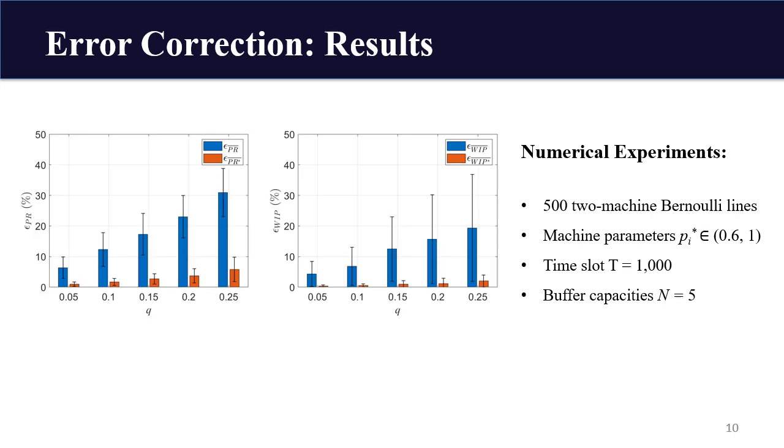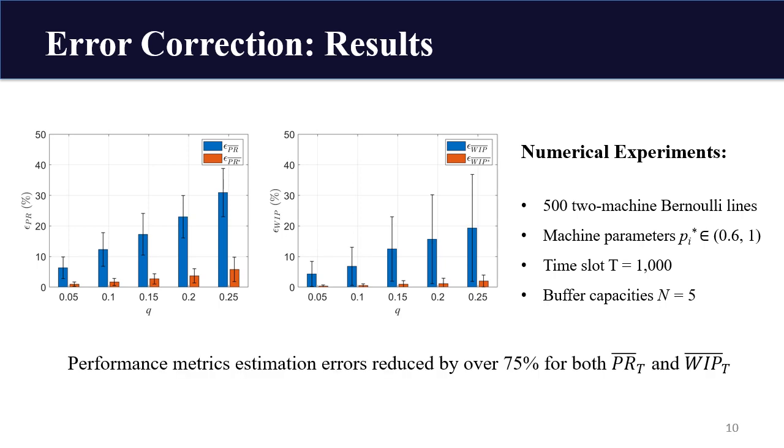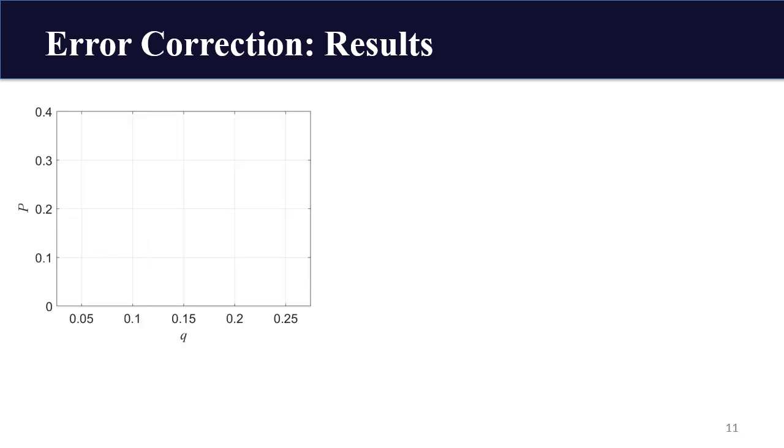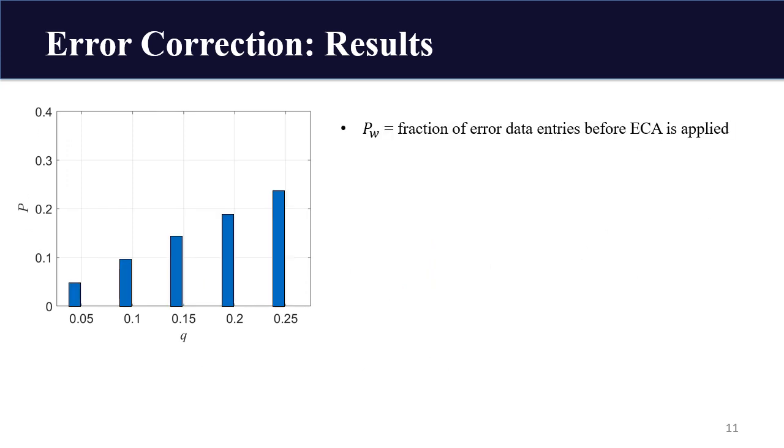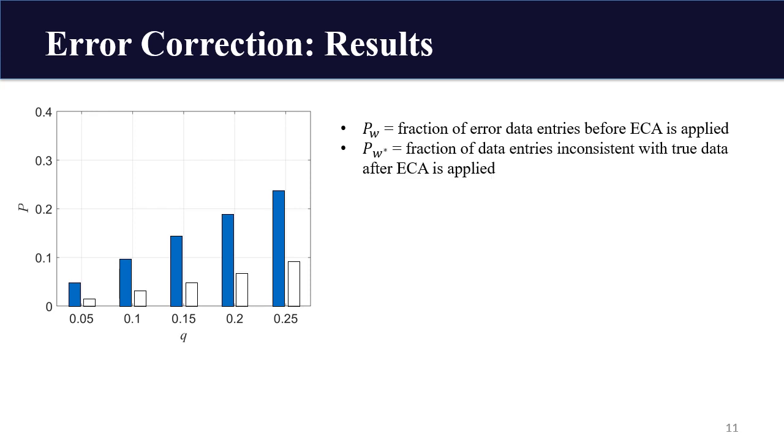As one can see, correcting the errors in the buffer occupancy data using the algorithm can reduce the performance metrics estimation errors by over 75% for both PR and WIP. In addition, to evaluate the correction performance of our algorithm, define PW and PW star.